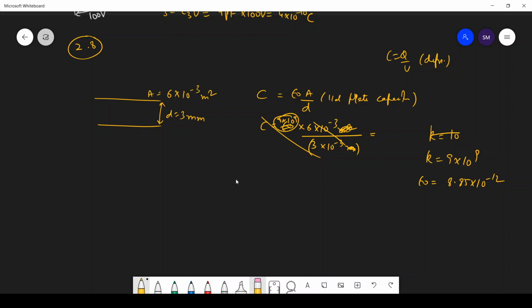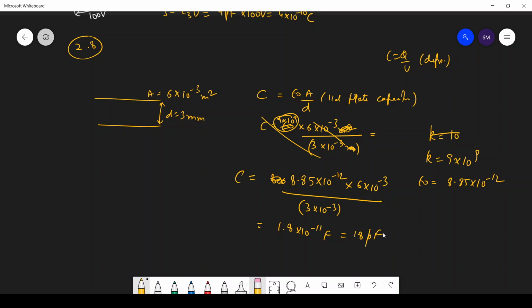So C is equal to epsilon naught, 8.85 into 10 to the power minus 12, this will be given to you in your exam, otherwise remember it, into area 6 into 10 to the power minus 3 divided by 3 into 10 to the power minus 3. Why square, it's only d, right? So this comes out to be 1.8 into 10 to the power minus 11 farad. So you can write it as 18 picofarad.